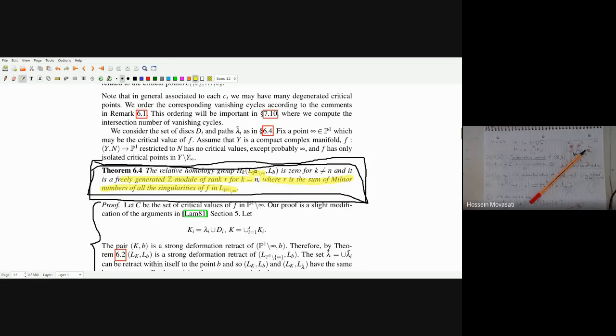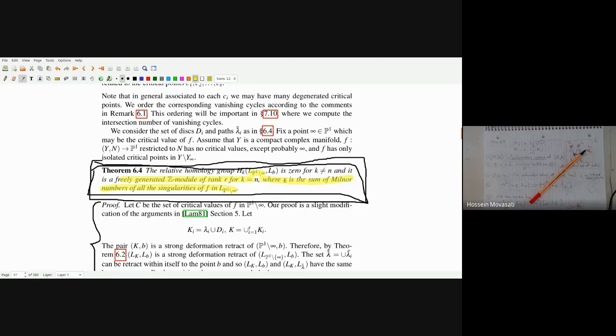So this LC, you know, C is P1 minus infinity. So H^k is 0 for k not equal to n. And it is a freely generated Z-module of rank r for k equal to n. During the proof, we will discover what this r is. In order to see what this r is, we will define the Milnor number of singularities.